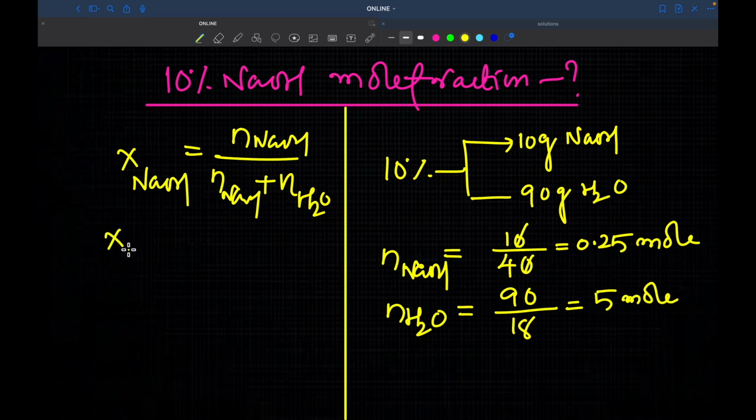So mole fraction of NaOH equals 0.25 over 0.25 plus 5.